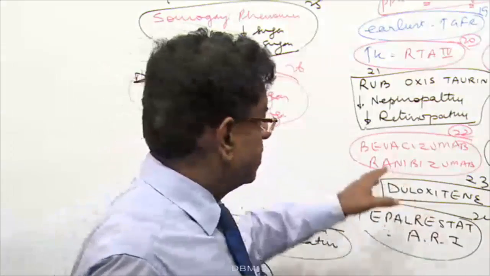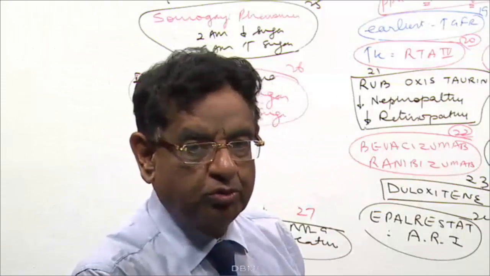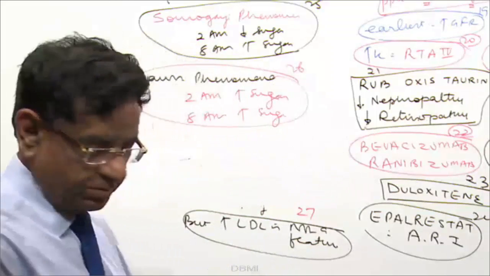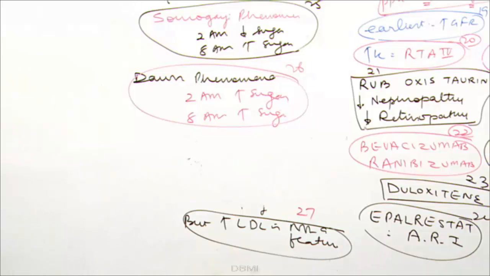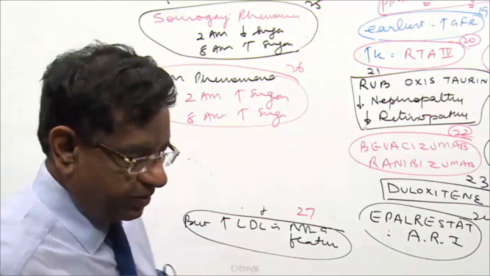So friends, you got 27 boxes. I give you just 2 minutes. Go through all the 27 boxes. Just quickly go through.